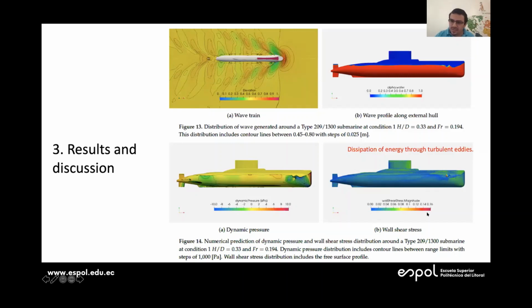And the wall shear stress, this is quite interesting. We notice that there is some sort of a scar along the hull that propagates downstream, and we believe that those are vortex structures generated due to the wave breaking system that we got on the bow, like around here, the wave break, and after that, the eddies propagate downstream.